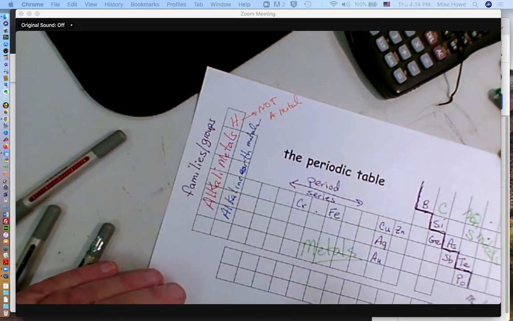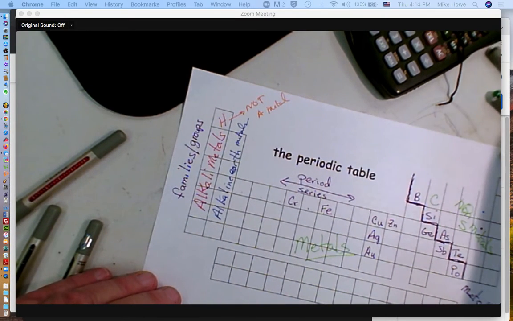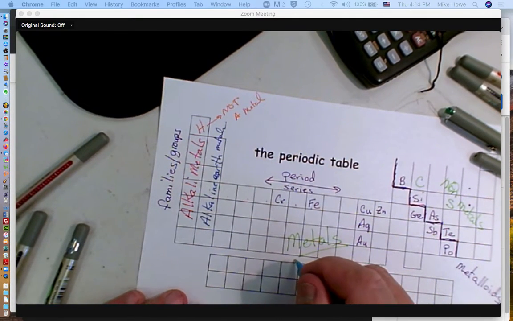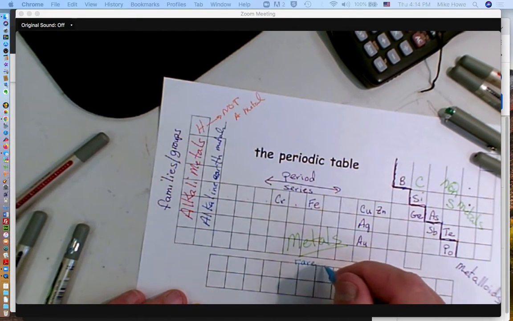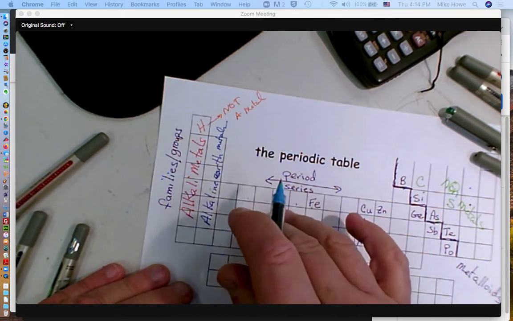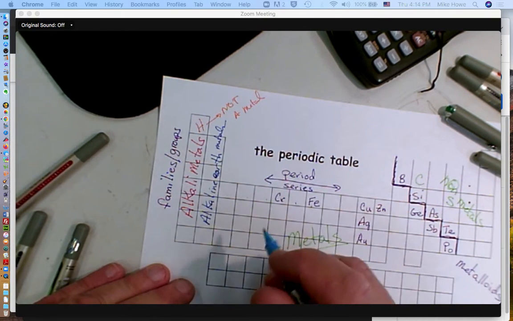Okay, down here there's another little group of metals. It's not really a group, but there's an area down here. These are called the rare earth elements. And rare earth elements, really, there's some up in here that are also categorized as rare earth, but generally we call them down here.